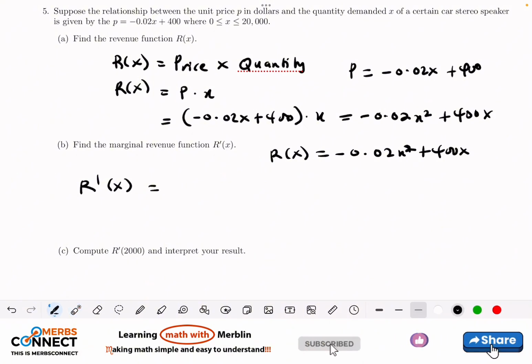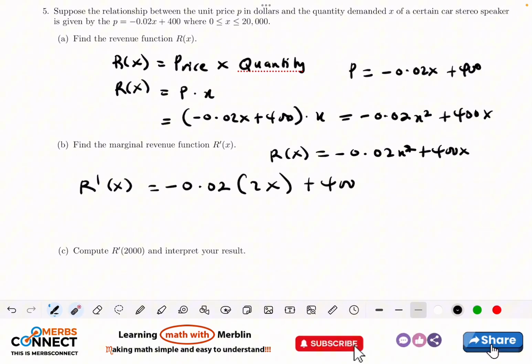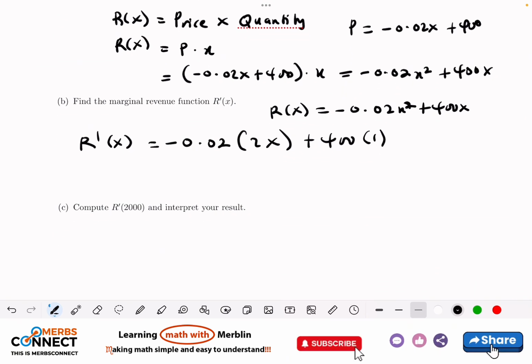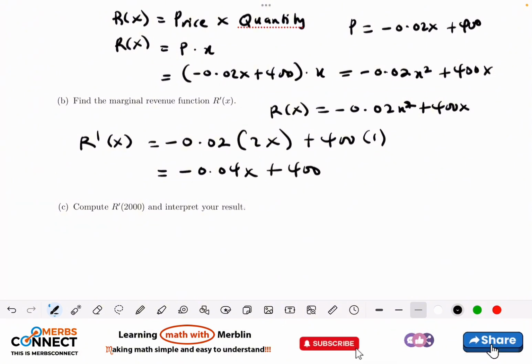So we are going to have minus 0.02. Then when I differentiate x squared, what am I going to get? 2x plus 400. When I differentiate x, I'm going to have 1. So I'm going to have minus 0.04x plus 400. So that's what I'm going to get.